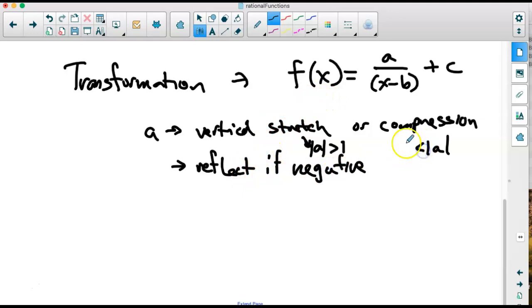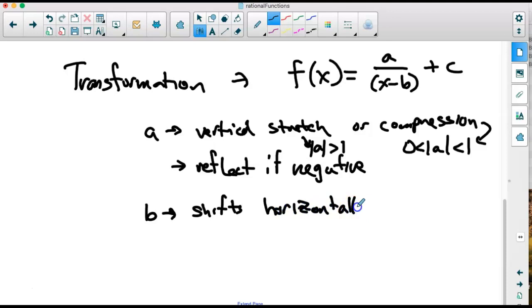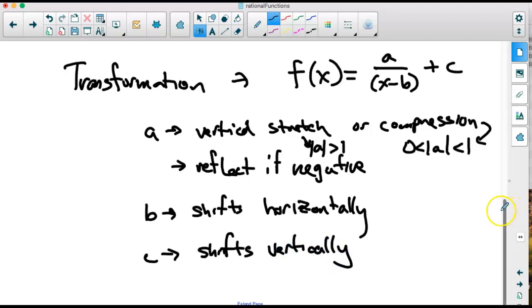If it's between 0 and 1, then it's going to be a compression. Okay, and then B shifts horizontally, and C shifts vertically. Okay, so this is our transformation of what we would see in this kind of function.